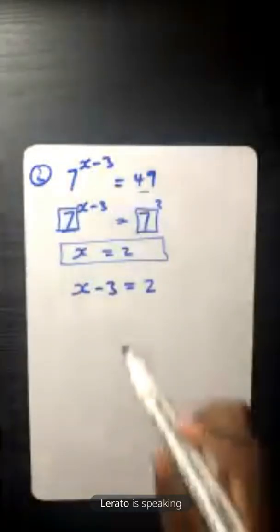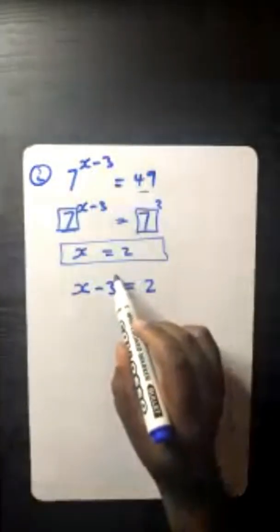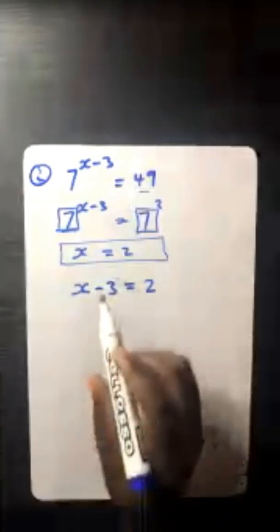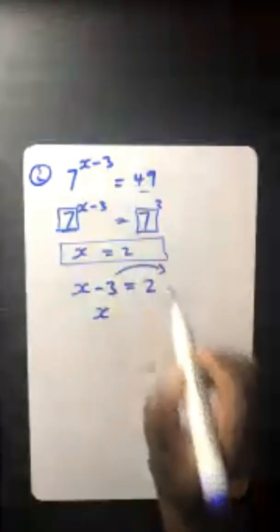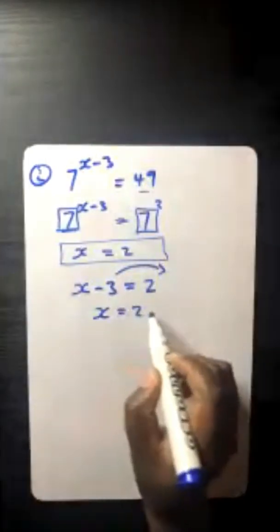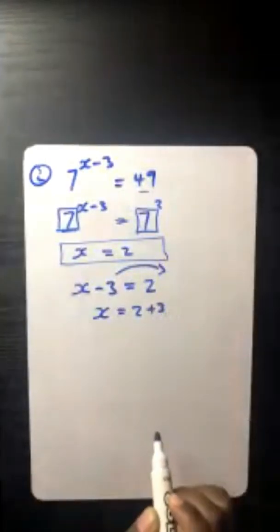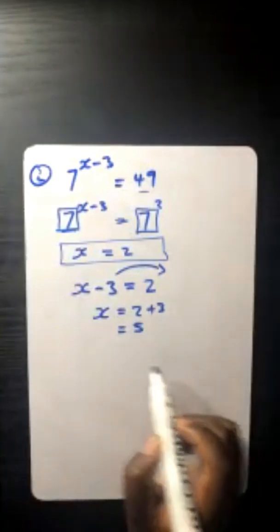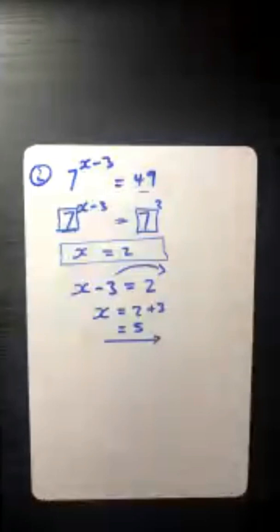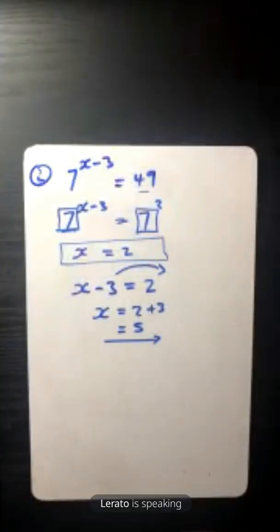Let me remove all of that. So you are right, we have to transpose. Then when you transpose, obviously the 3 goes to the other side and changes sign, isn't it? Then it's going to be 2 plus 3, which is equal to 5, isn't it?